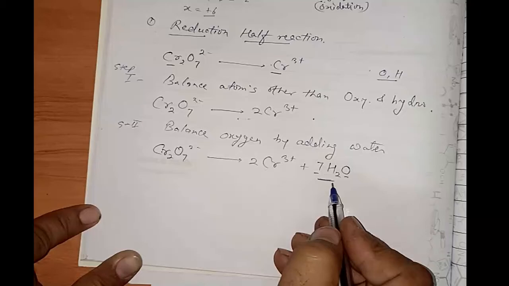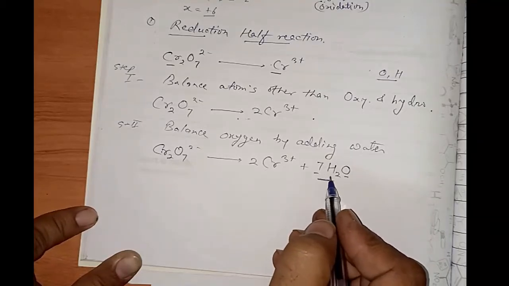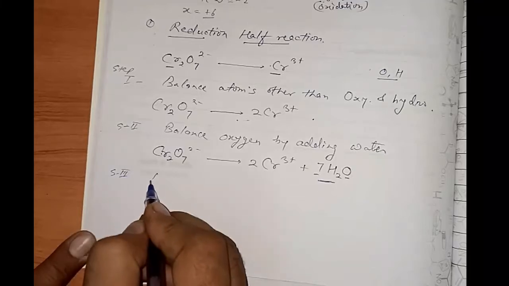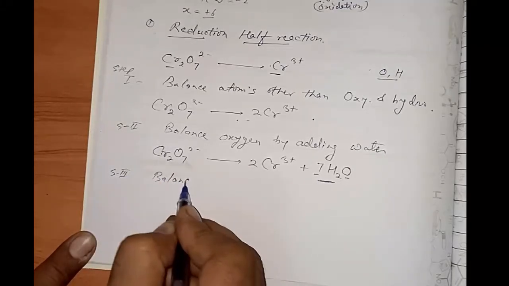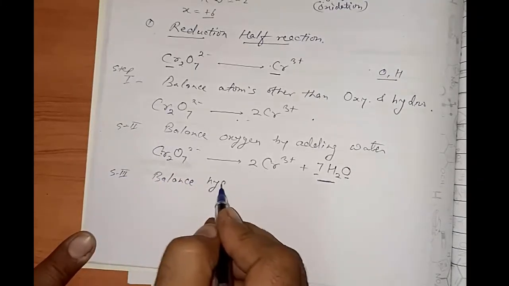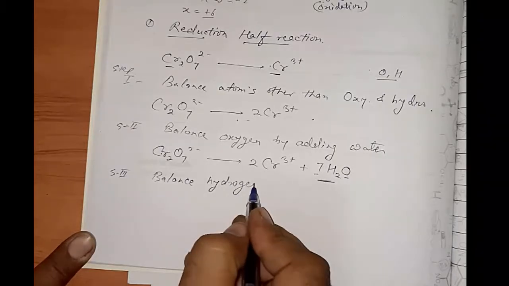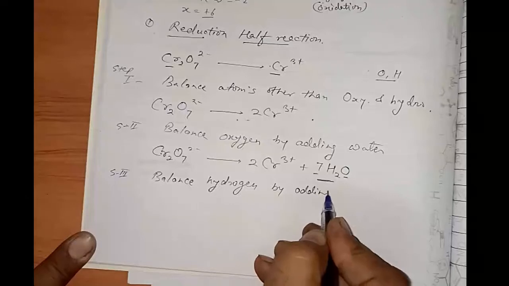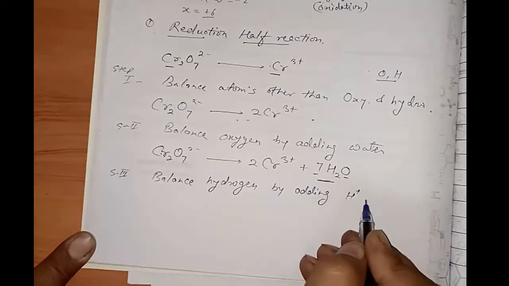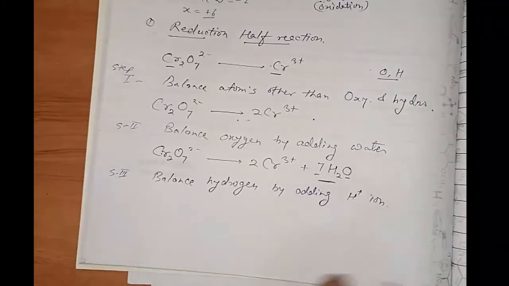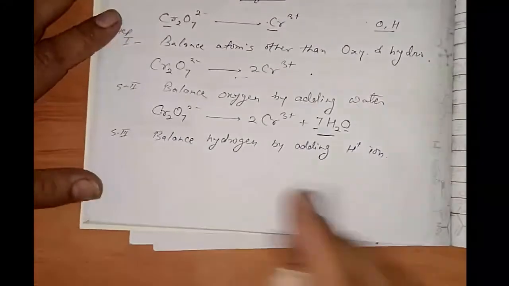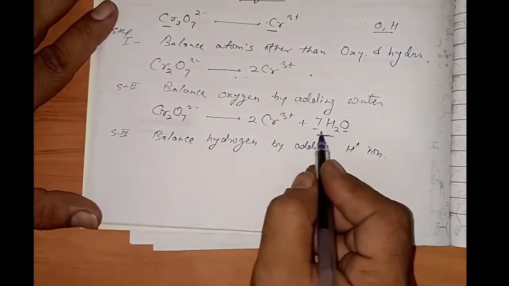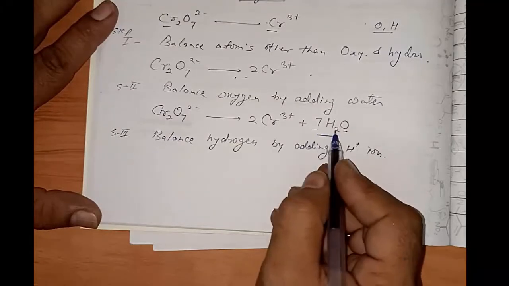Now here we got extra atoms of hydrogen, so we have to balance this hydrogen. In step three, balance hydrogen by adding H+ ion. Now again we write this equation. How many total hydrogen? 14. 7 times 2 is 14.